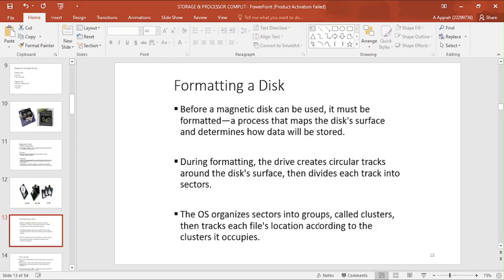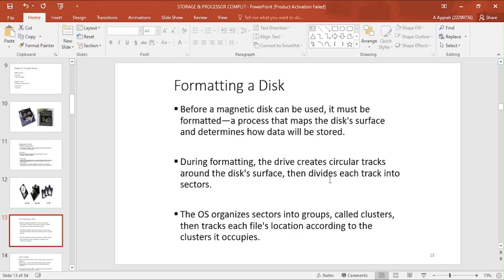During formatting, the drive will create circular tracks on the disk surface, and then these circular tracks will be divided into what we call sectors. Now, the operating system organizes these sectors into clusters, and then it will track each file's allocation according to the cluster it occupies.